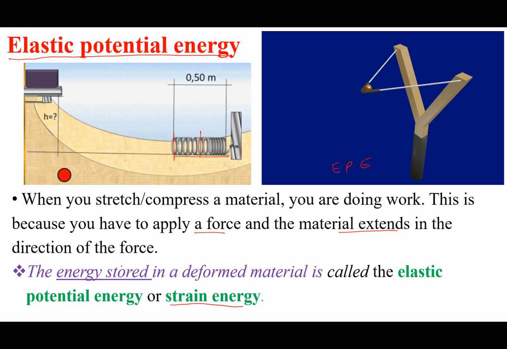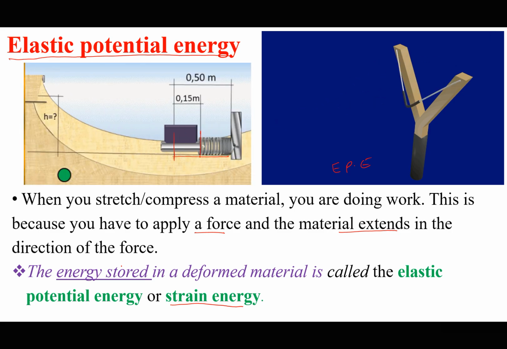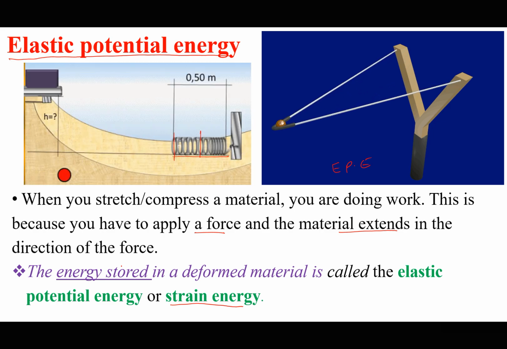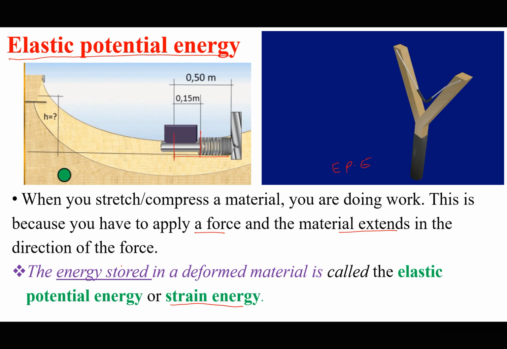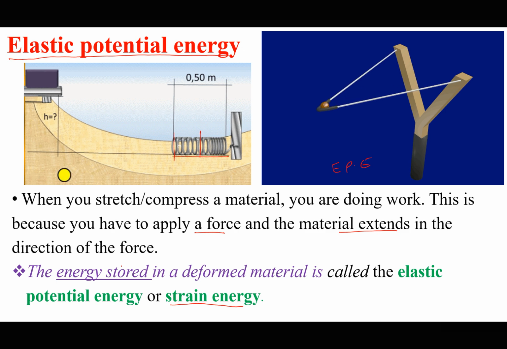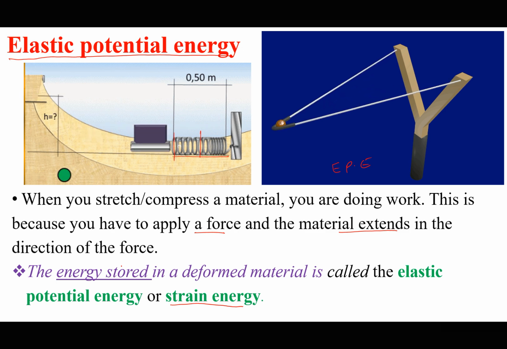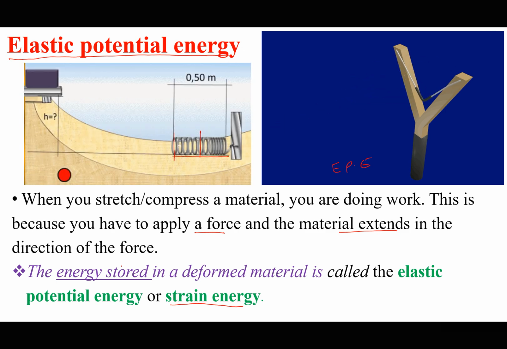It is stored because it becomes useful when the deforming force is removed, so that the elastic potential energy which was stored is converted into other forms such as kinetic energy and so on. So that is what we mean by elastic potential energy, the energy stored in a deformed material.